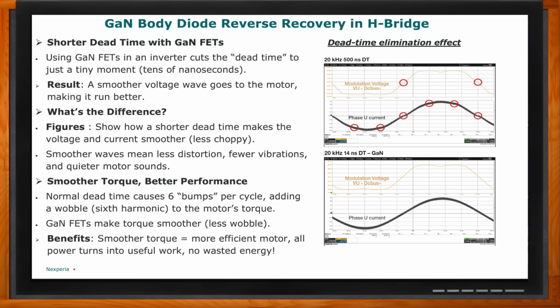And the harmonic distortion will be even across all the RPM ranges and all the torque ranges. So smoother torque, a better performance. We're removing those 6 bumps, which is actually more than that, but those are the worst of them all. And the GaN FET makes torque smoother, a lot less wobble. So smoother torque equals more efficiency in the motor, and all power turns into useful work. There's no wasted energy. And so that makes it a lot easier for people to operate.